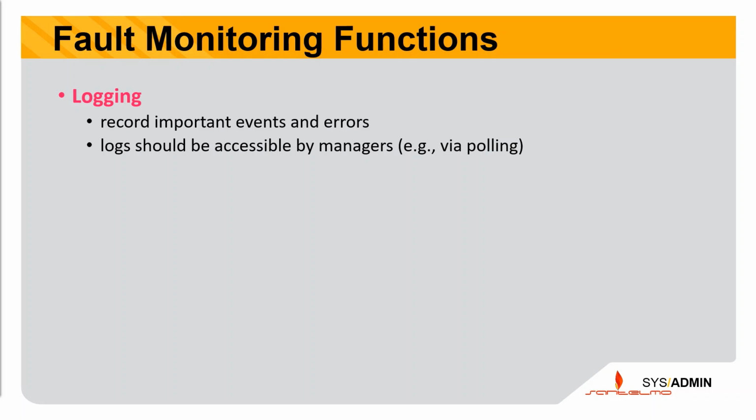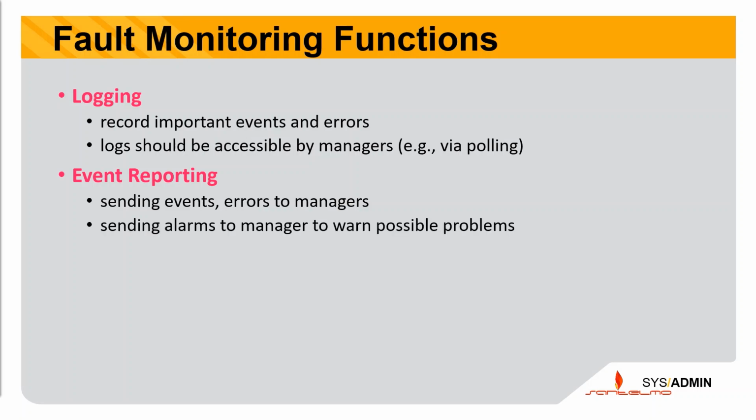Then there is event reporting: sending events and errors to managers, sending alarms to the manager to warn of possible problems. So we're talking about notifications here, which are initiated by the agent to the manager.